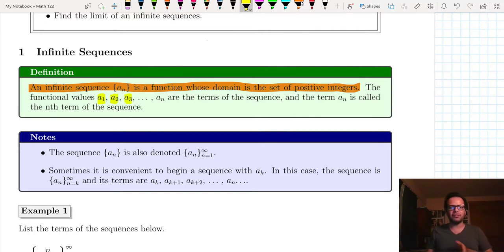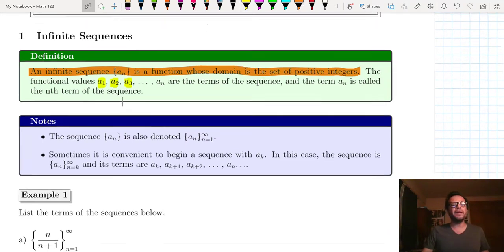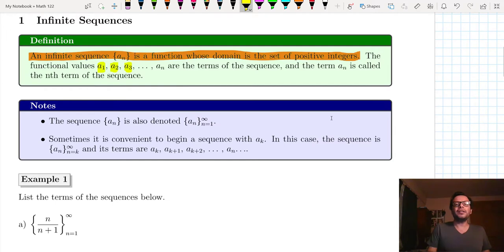No, it's only the first, the second, the third, just integers. Okay, and in this class we are going to change this notation and denote it as a sub n, with n equals 1 or n equals 0, depending on the value in which the sequence begins, and going to infinity.